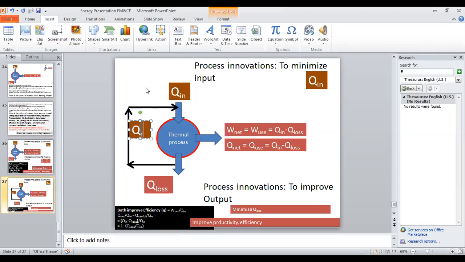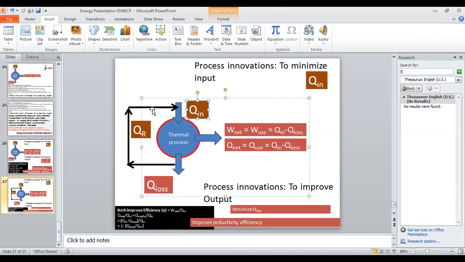Let's say we got QR. What happens now? Because you recover this and recycle QR. Interestingly, your total is Q in.